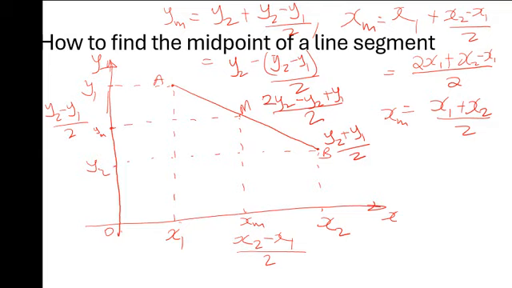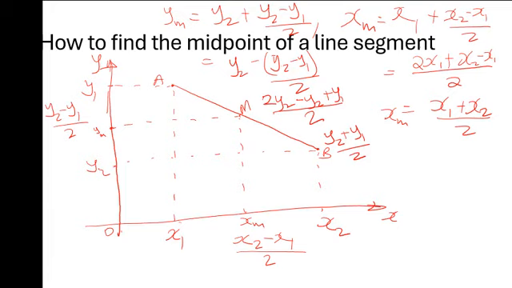Because we have found that on the y side ym is y2 plus y1 over 2. On the x side xm is x1 plus x2 over 2.